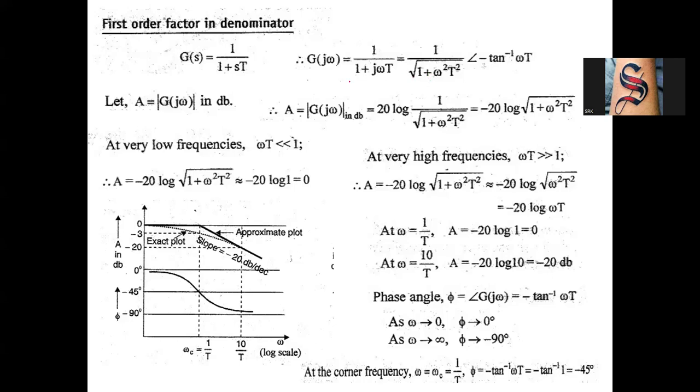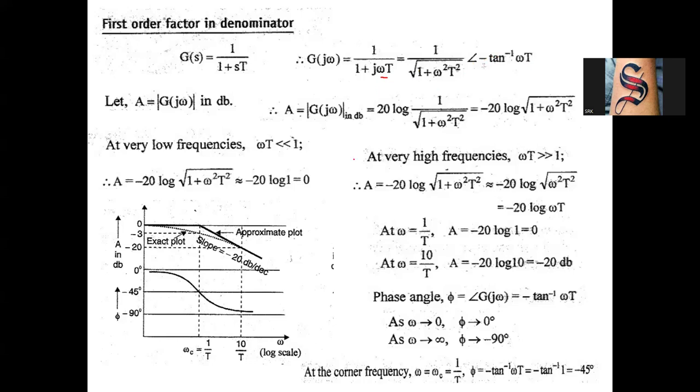And what is the phase angle for this denominator term? Since it is in the denominator, it is minus tan inverse of the imaginary part omega T by the real part 1, so we get minus tan inverse of omega T.